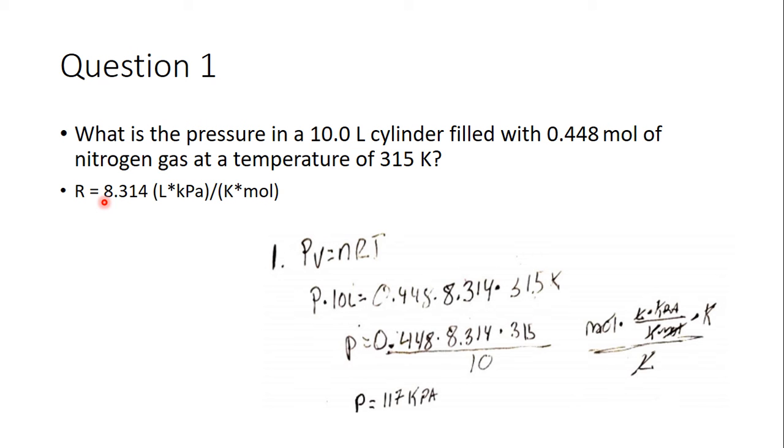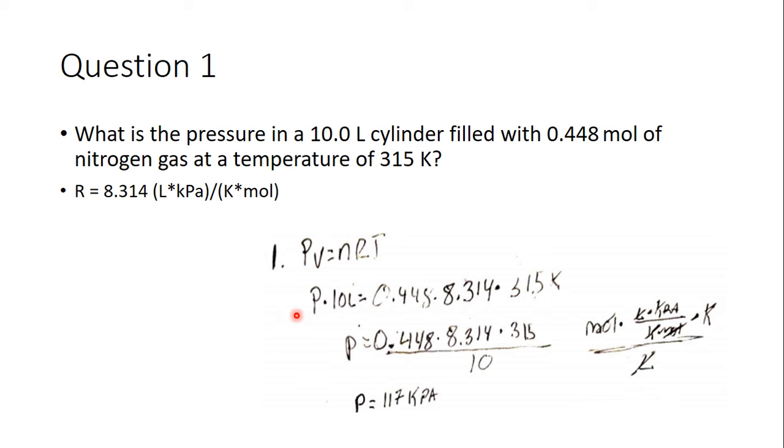So if we look at R, we have liters, so our volume's in liters, moles, n's in moles, and K, and we have temperature in K. And we're trying to solve for pressure, and the only unit we haven't touched yet is kilopascals, so our answer should be in kilopascals. So we don't have to modify anything. I thought our temperature was in Celsius, but it's in Kelvin already, so we're ready to go.